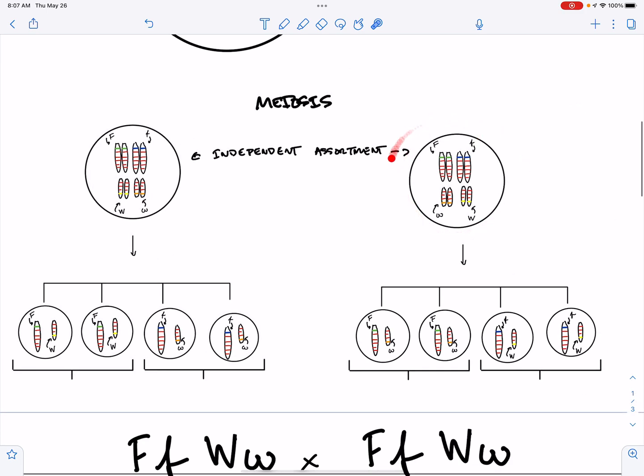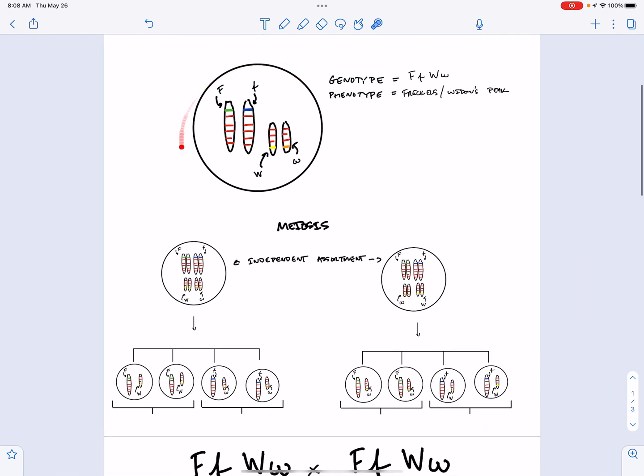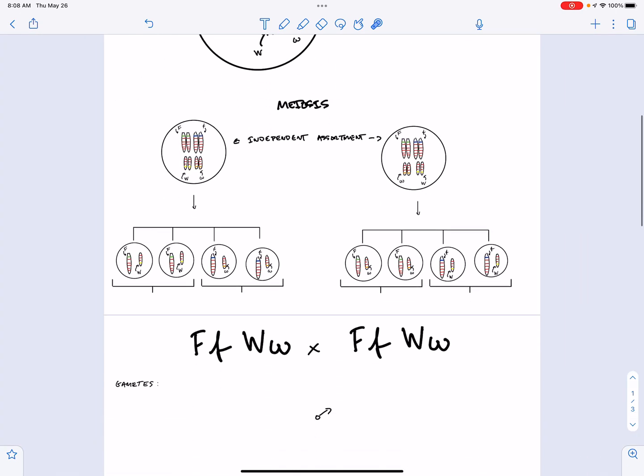Or it's equally likely that the freckles allele lines up with the straight hairline allele, and the freckleless ends up with the widow's peak. So this individual can produce all of these different types of gametes in meiosis.